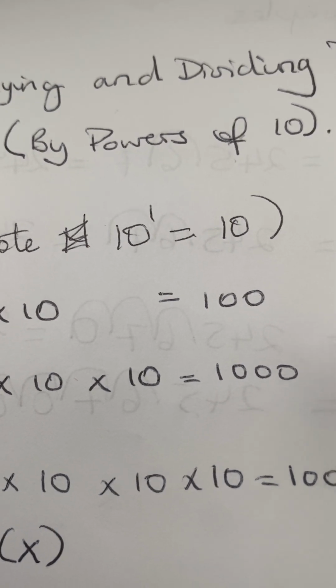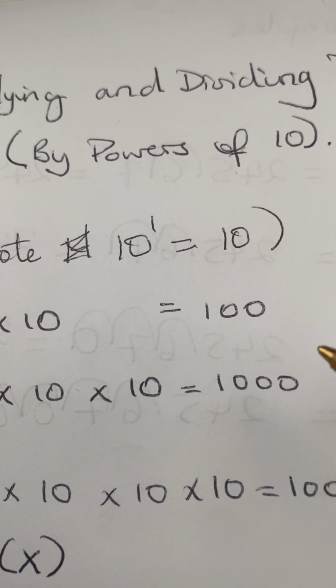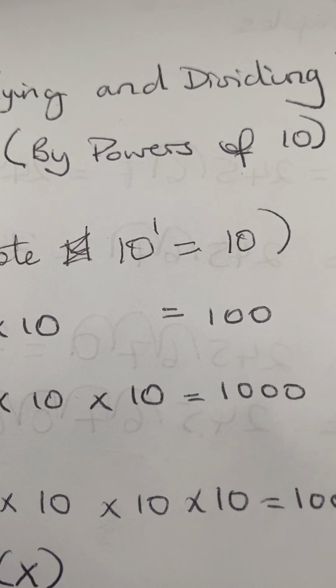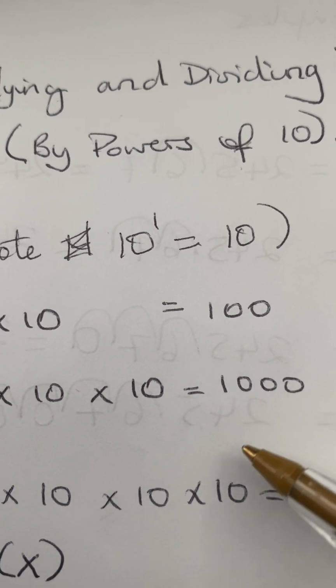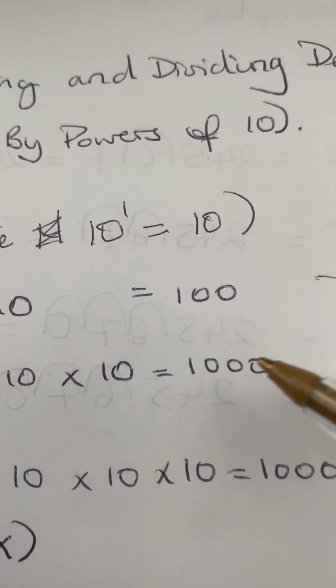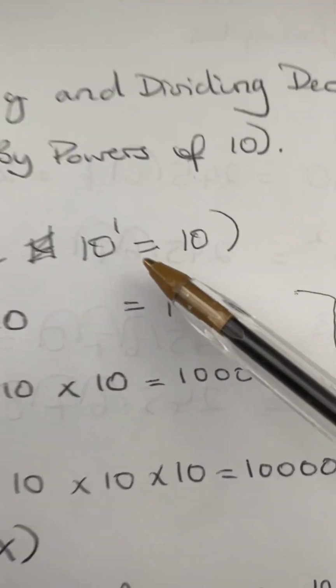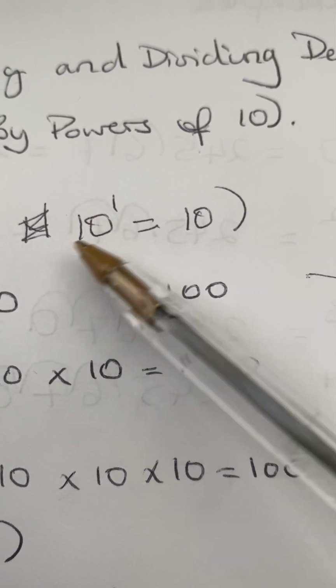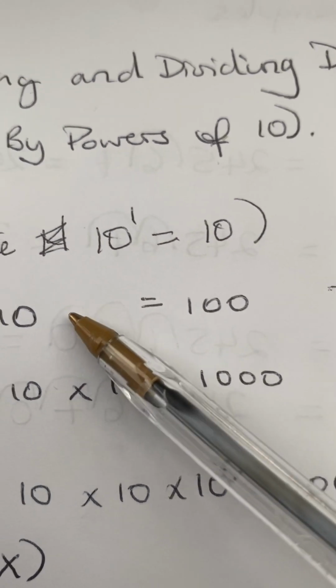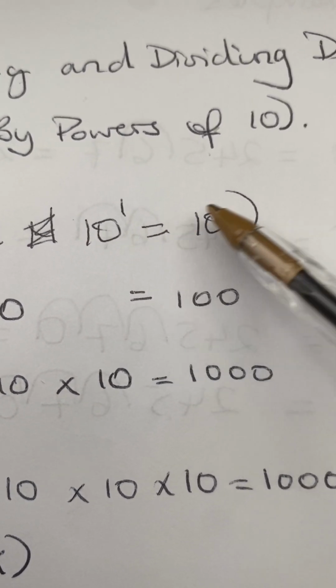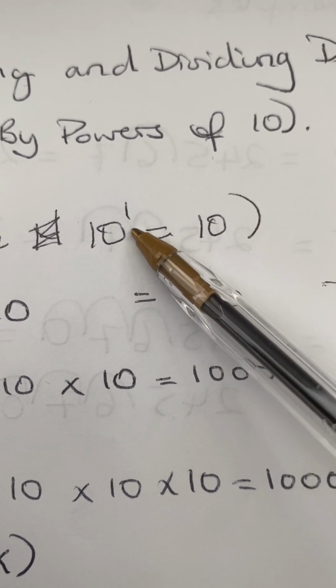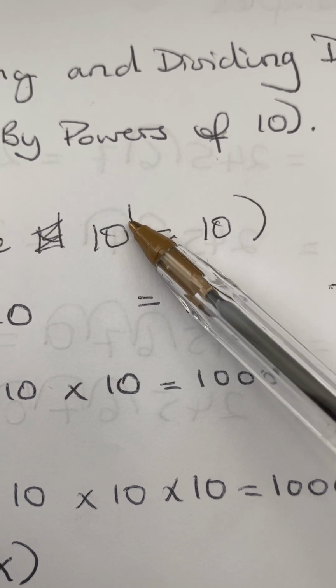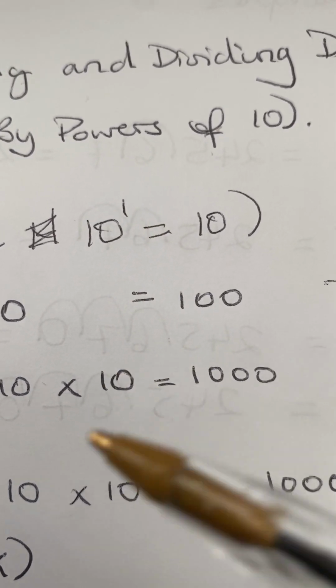In today's lesson, we are not working in that way, but we are using the powers of 10. So for instance, 10 to the power 1 is 10. Any number to the power 1 is itself. We don't normally write the 1 because we know that it's 10.